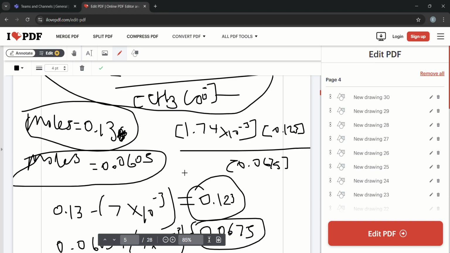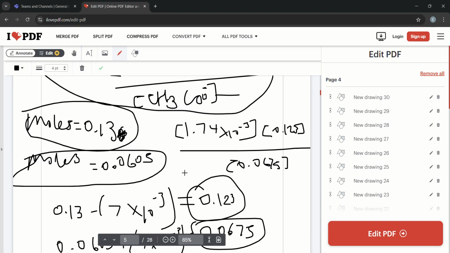And now let's find out what the value is. Times 1.74 times 10 to the power minus 5, times 0.123, divided by 0.0675.